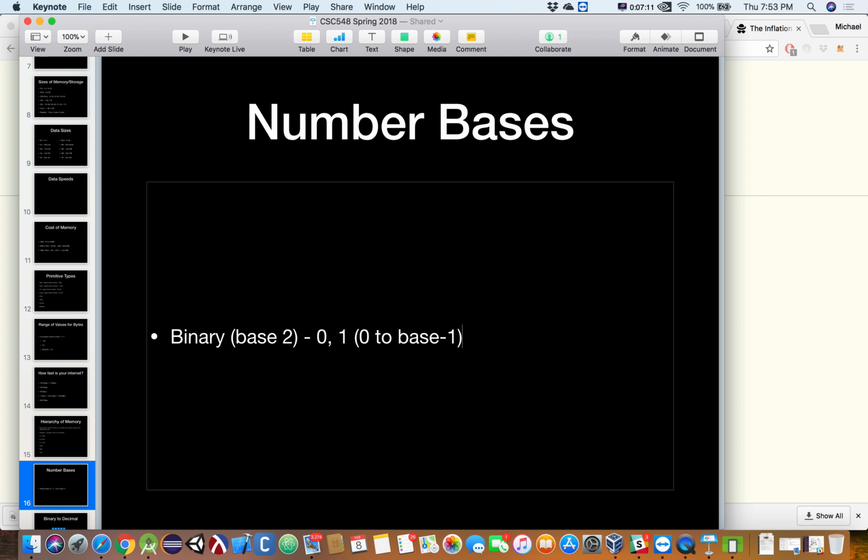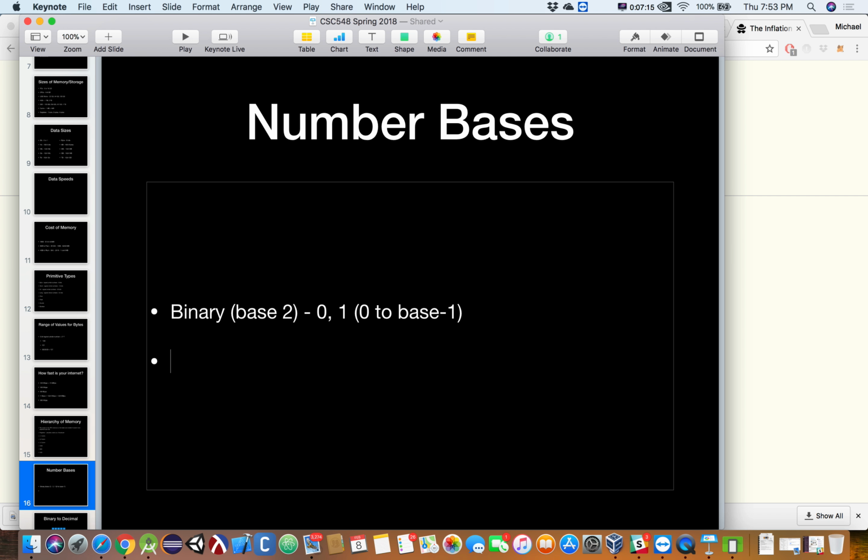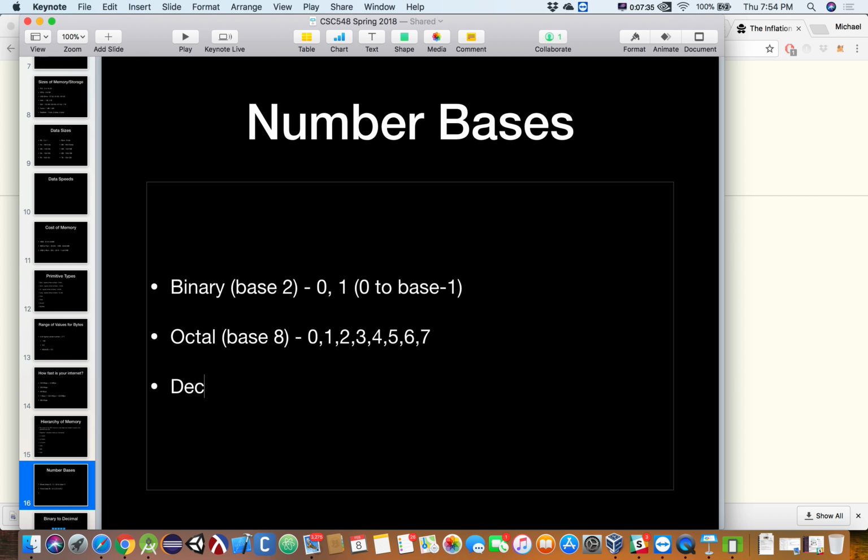So base 2, 0 to 2 minus 1, which is 1. What about octal? Octal is what base? Base 8. All right, what's the alphabet for octal? 0 to 7. So 0, 1, 2, 3, 4, 5, 6, 7. Is that 0 to the base minus 1? Base is 8. 8 minus 1 is 7. 0 to 7.